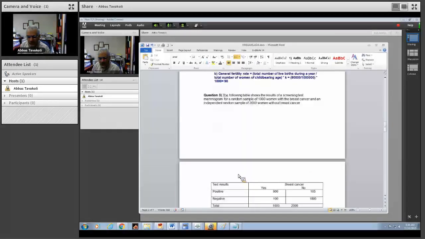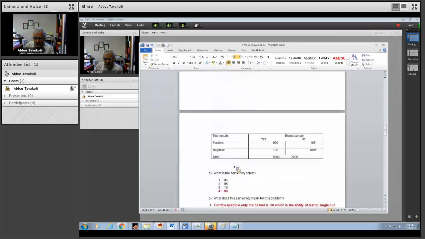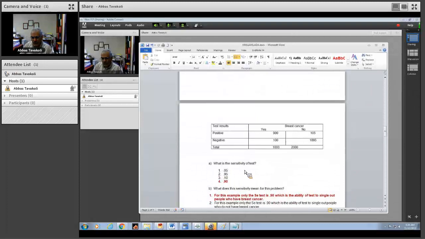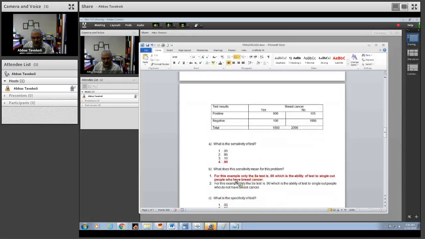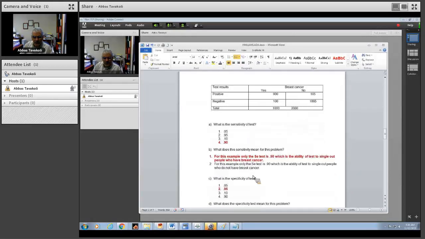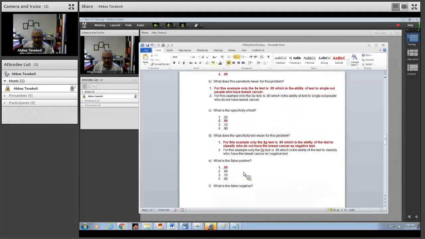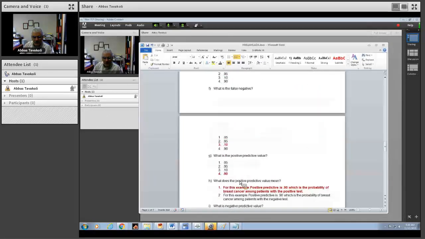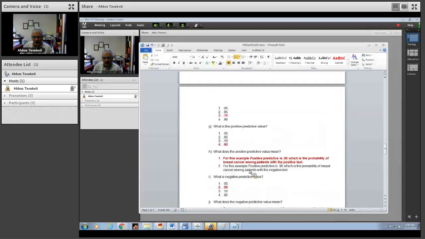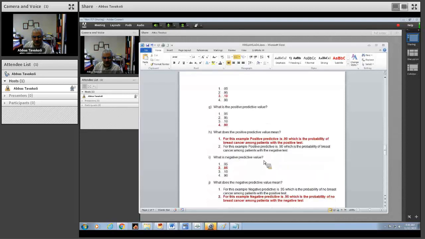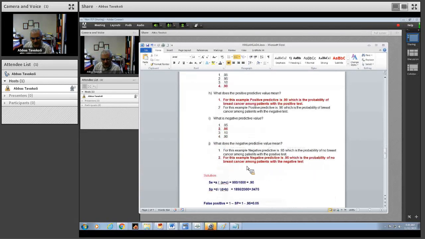Problem 3, basically this is the screening test. I asked you to calculate the sensitivity, what it means, and specificity, what it means, and again, false positive, false negative, and positive predictive value, and what positive predictive value means, negative predictive value.